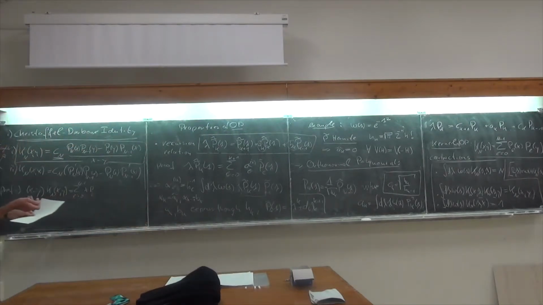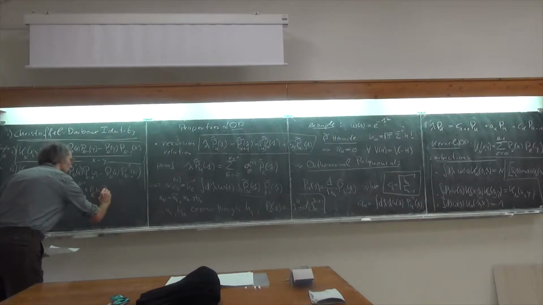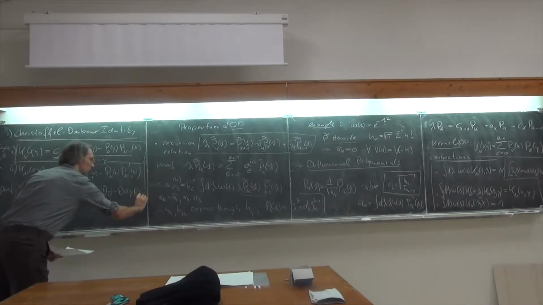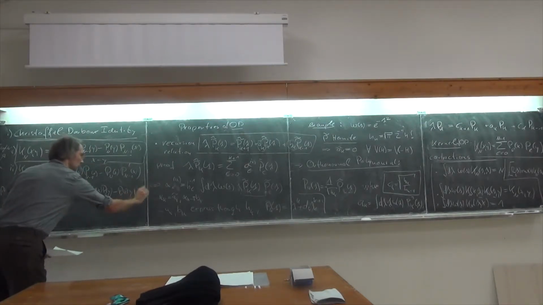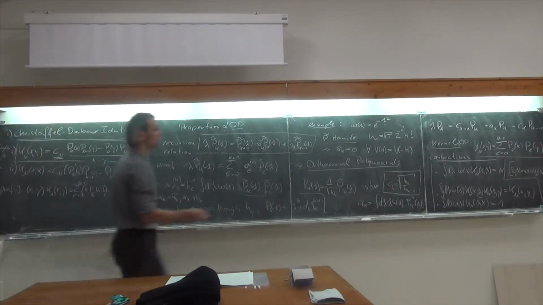Okay, we wanted to prove this identity. Now you put in this three-step recurrence, in this form.